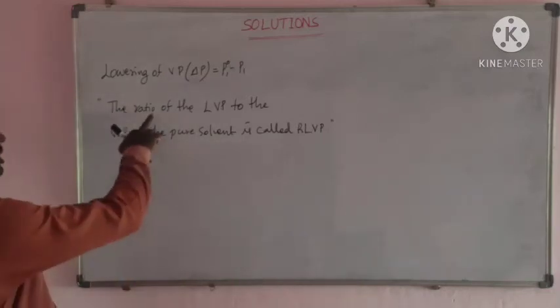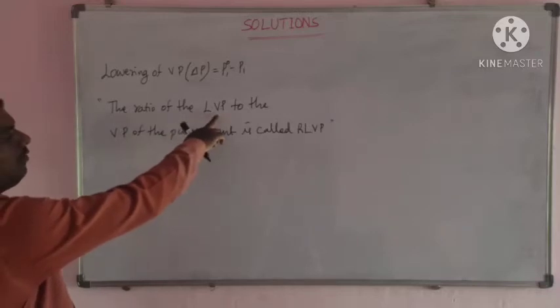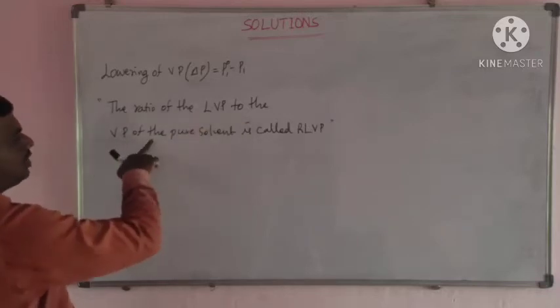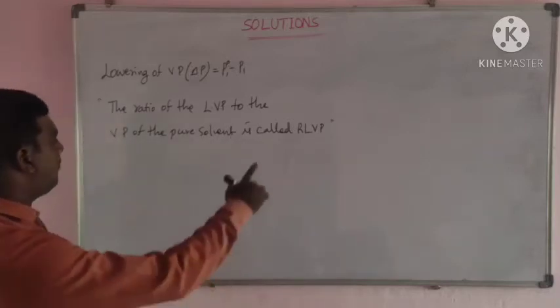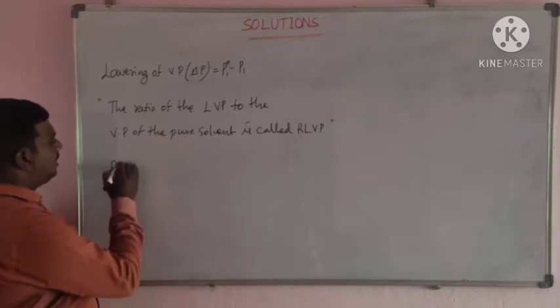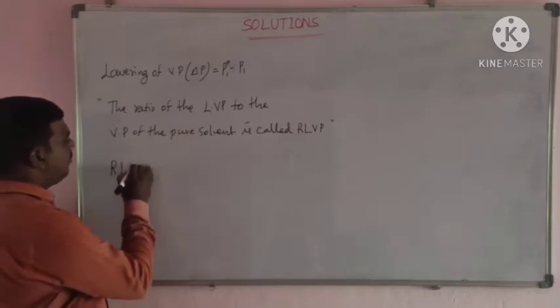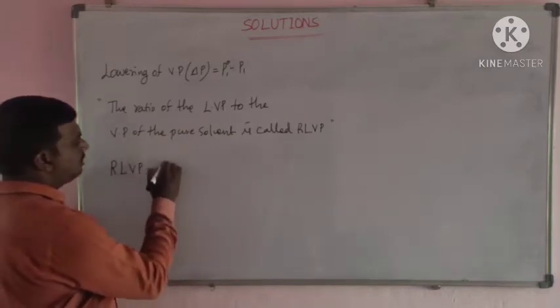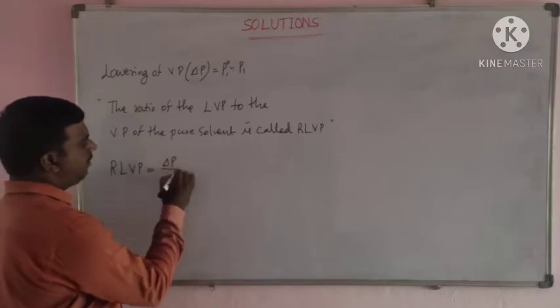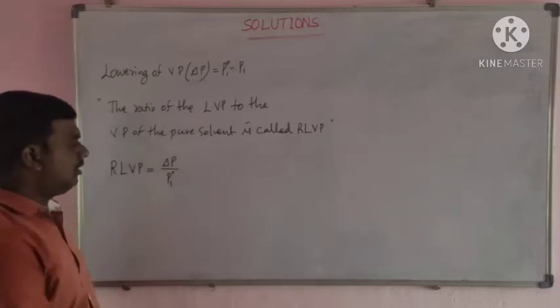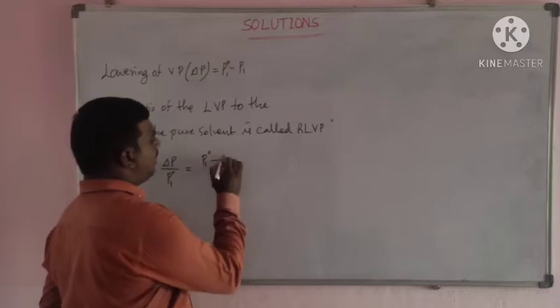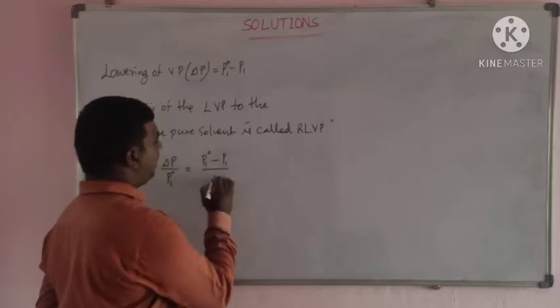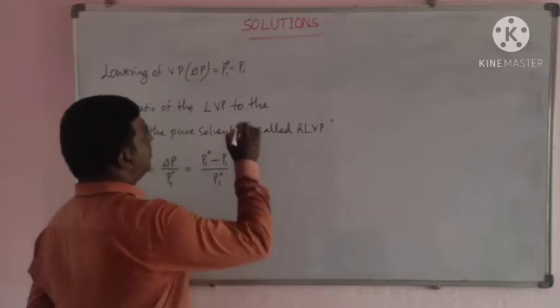The ratio of the lowering of vapor pressure to the vapor pressure of the pure solvent is called relative lowering of vapor pressure. The relative lowering of vapor pressure is equal to delta P by P1 naught, that is equal to P1 naught minus P1 by P1 naught.